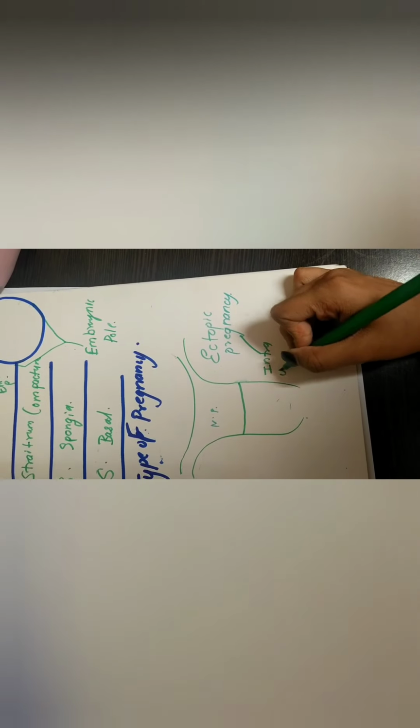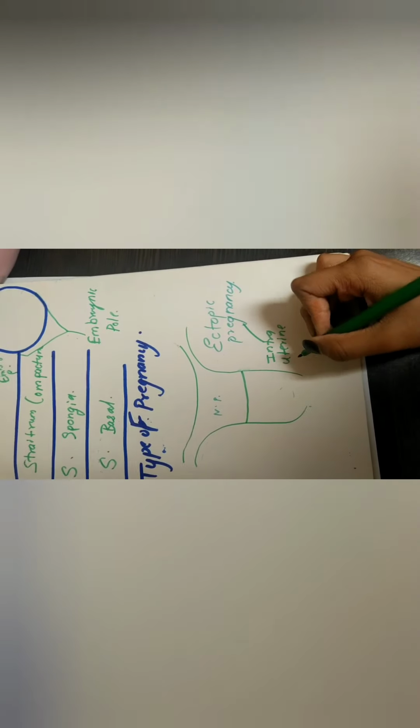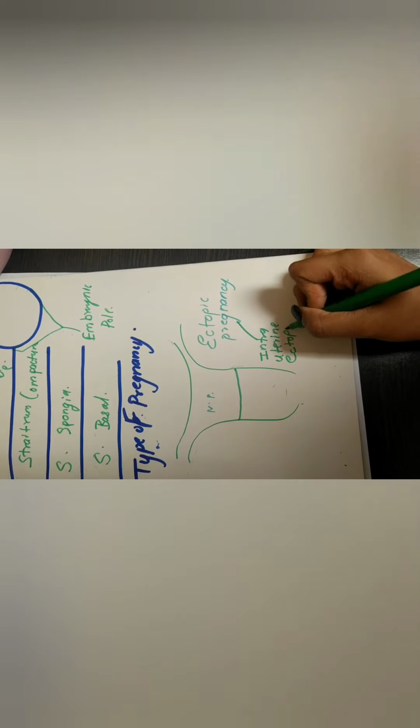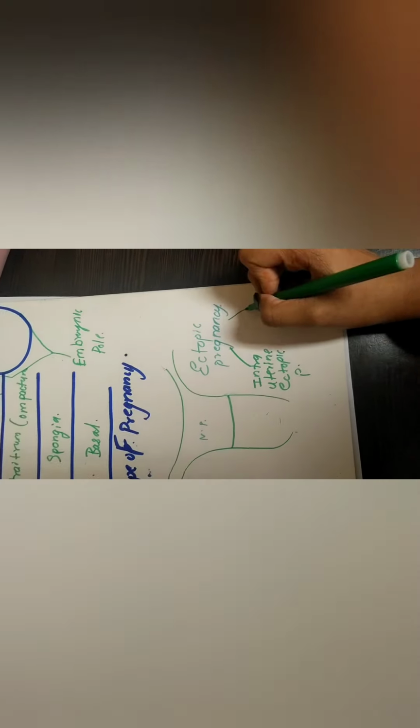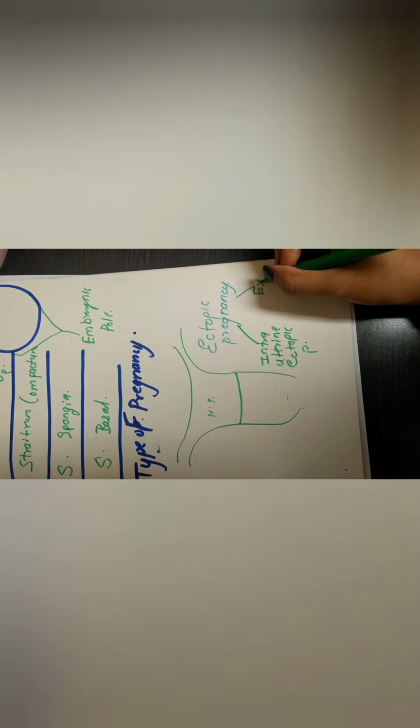Your ectopic pregnancy is divided into intrauterine ectopic pregnancy and extrauterine ectopic pregnancy. I'll tell you the difference. There are 4 types of intrauterine.